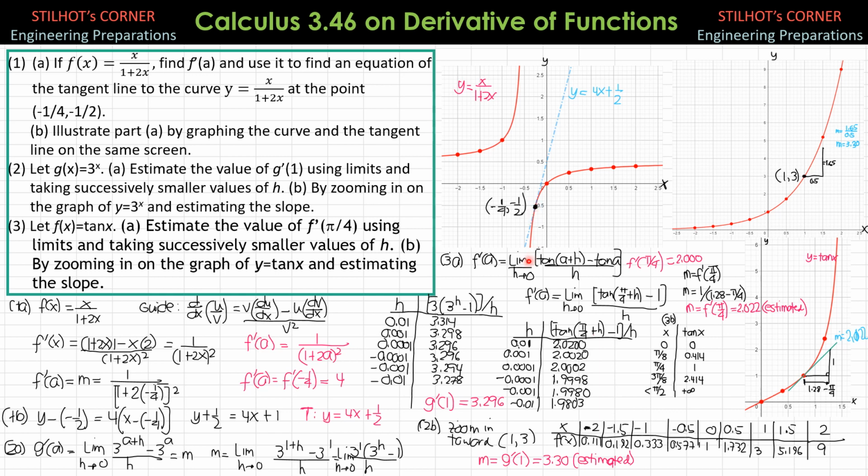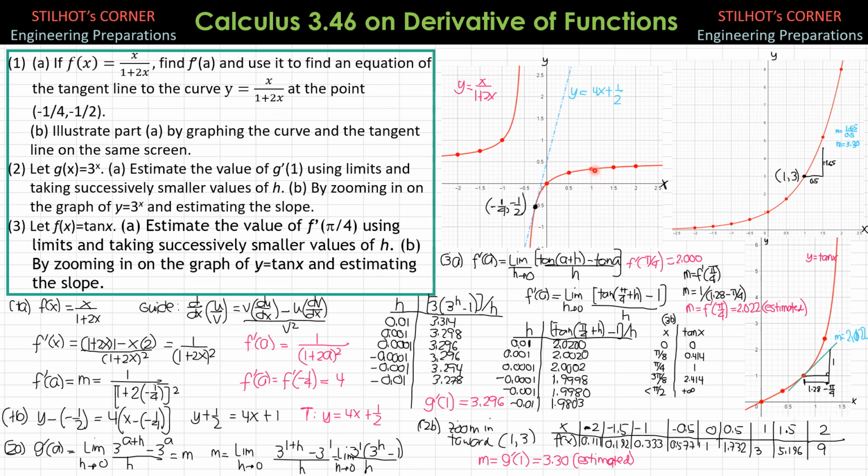Then when x is 0, 0 over 1 is 0. When x is 1 half, 0.5 over 1 plus 2 times 0.5, 0.5 over 2 is 0.25 here. When x is 1, 1 over 1 plus 2 times 1, 1/3.